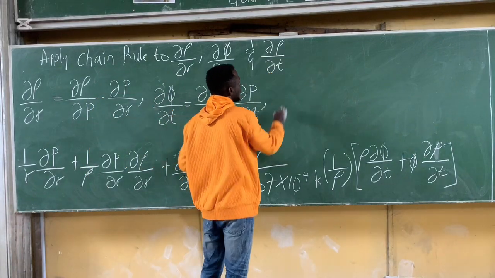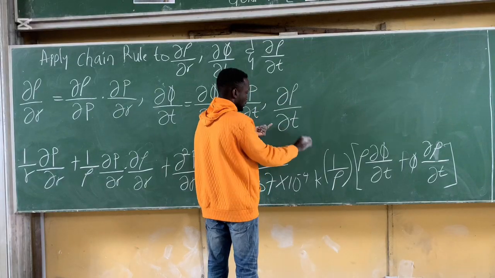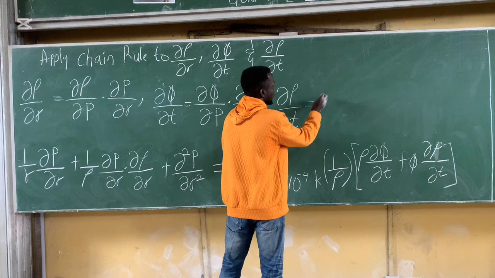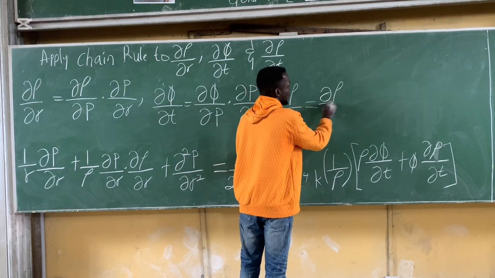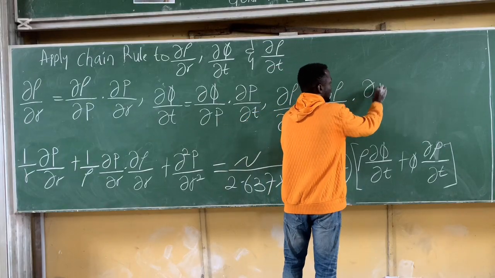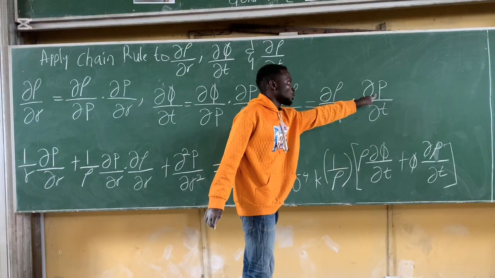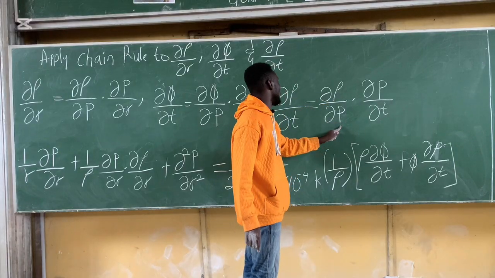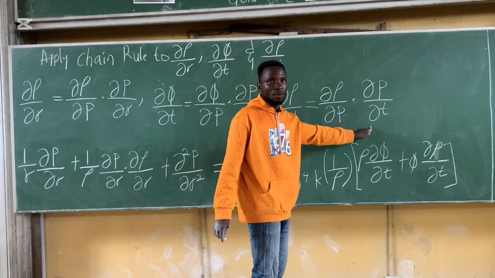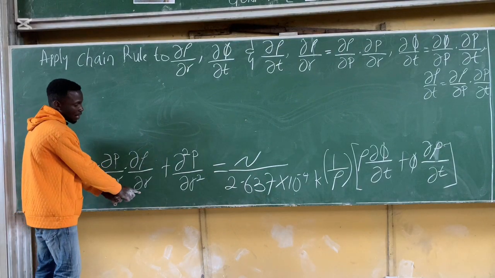Also, applying chain rule to dρ all over dt, we are going to have dρ divided by dp multiplied by dp divided by dt. So that this one can cancel this one, we are also left with dρ all over dt.